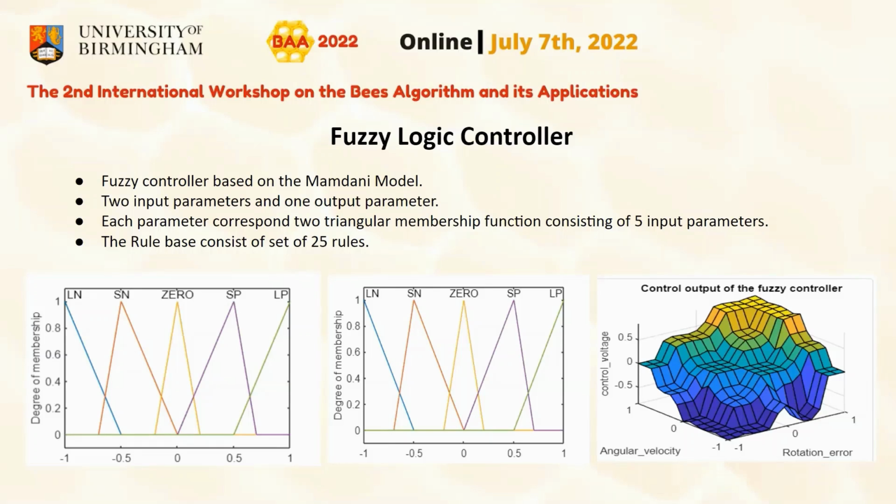So we'll be using two triangular membership functions for each input parameter for giving it a fuzzified set. The rule base will consist of 25 rules. After getting the fuzzified input from the fuzzification block, we'll use this set of 25 rules to get the output. So below are the images of the membership functions and the graph that we'll be using.